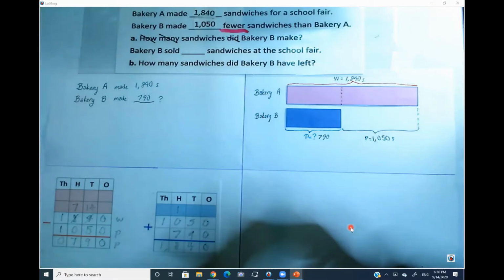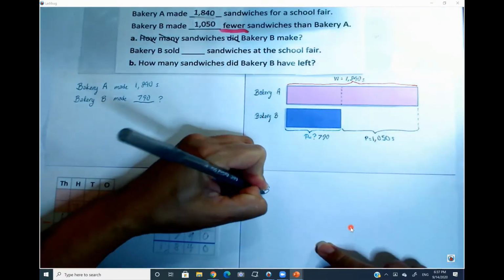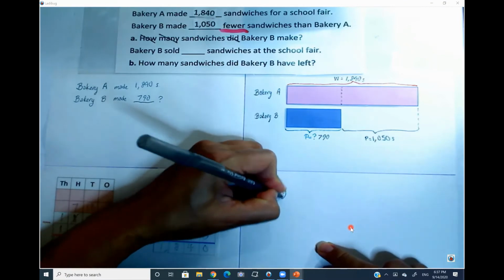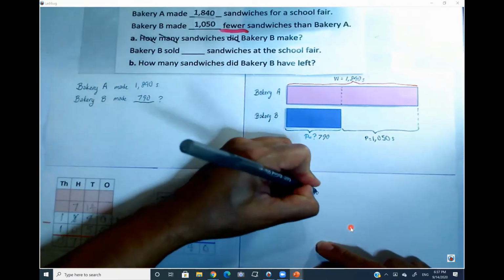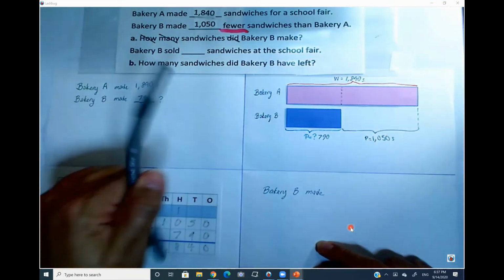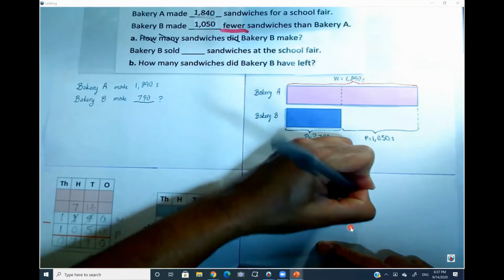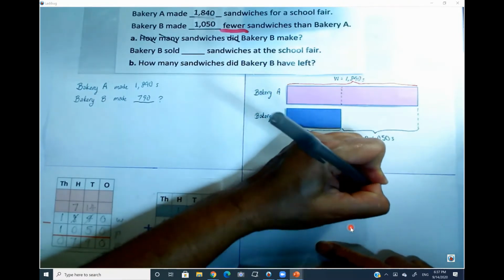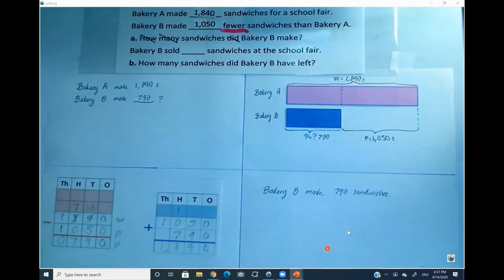So I'm going to write that answer now. Bakery B made 790 sandwiches. Now let's go and prepare for the second part of our problem.